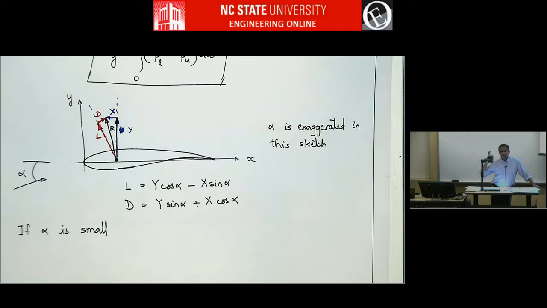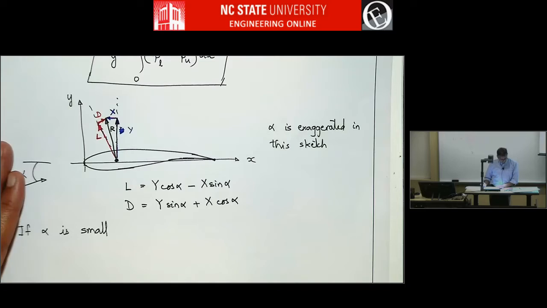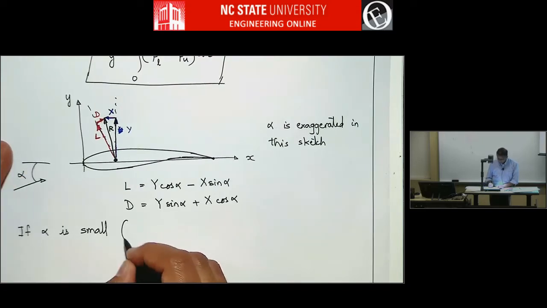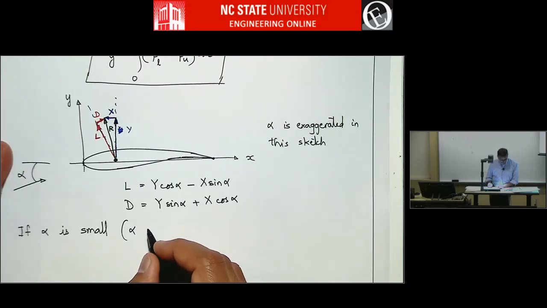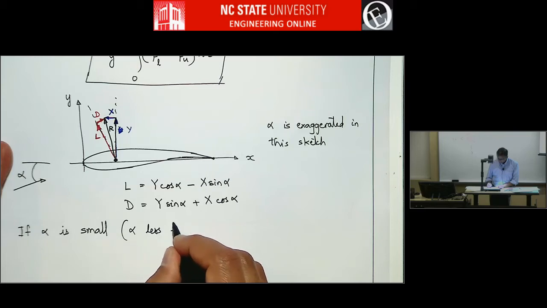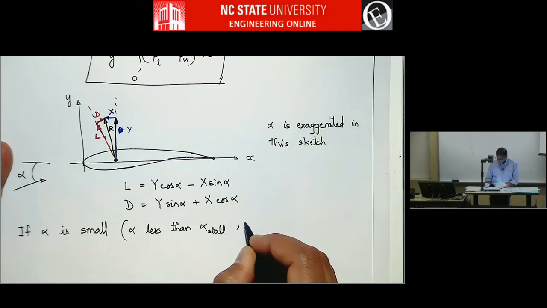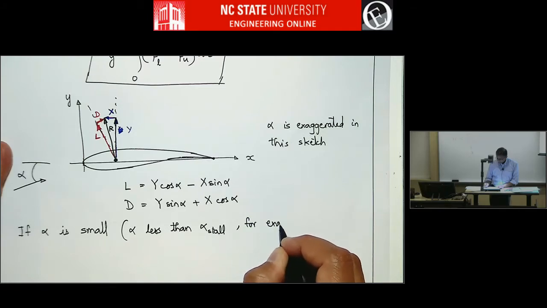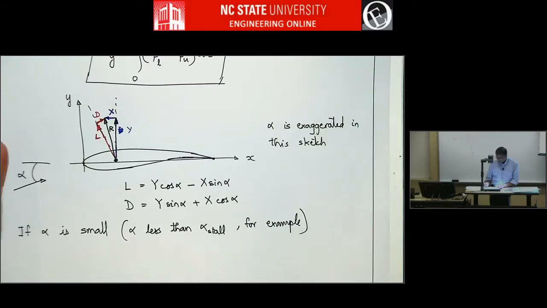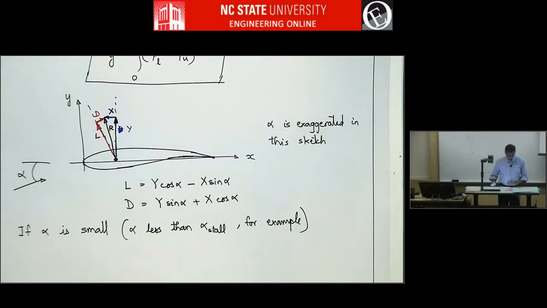Normal flight condition can be 10 degrees, 15 degrees. Why is that small? It's small in radians. So as long as alpha is less than alpha stall, for example, which is like maybe 15 degrees, all of this is actually going to be valid.